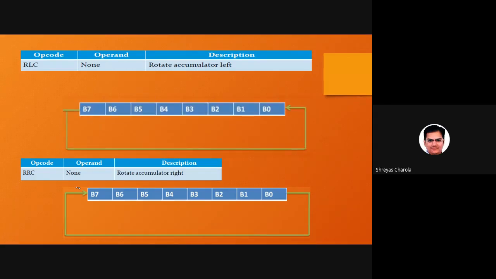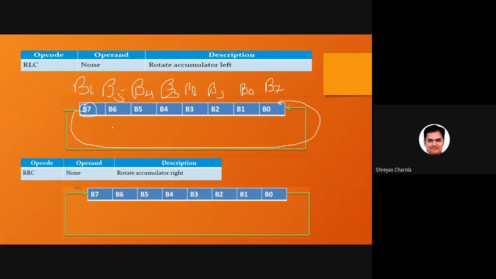So here what happens is the B7 data will go over here, so B7 rotates left. Then here it will be B0, B1, B2, B3, B4, B5 and B6. So all the bits will be shifted when this bit is shifted over here.